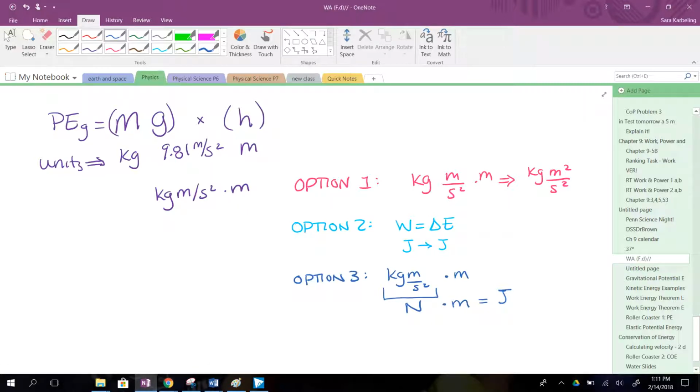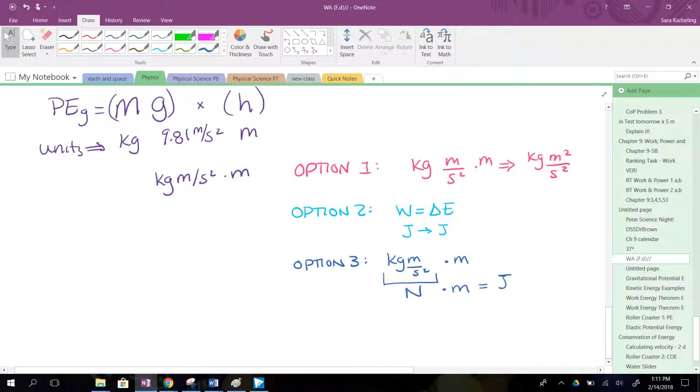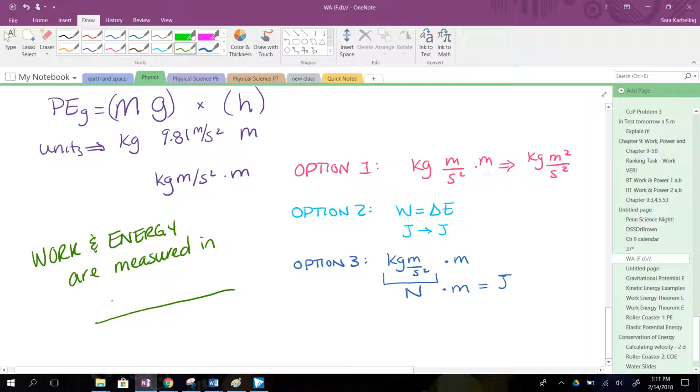Yeah. And if that makes you happier, by all means. Regardless, the thing I want you to get from this experience is that work and energy are measured in, you can fill in the blank. I'm going to write the word joules down.